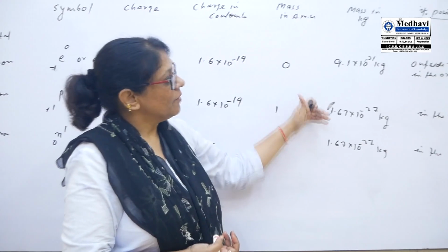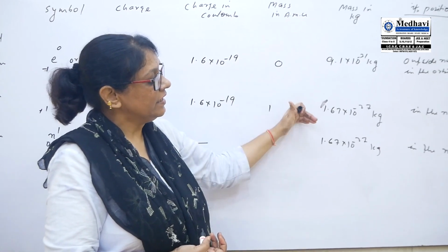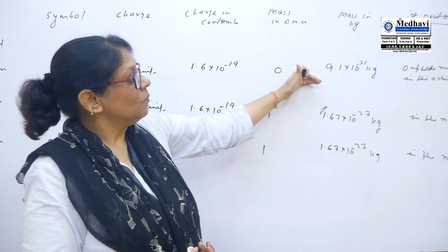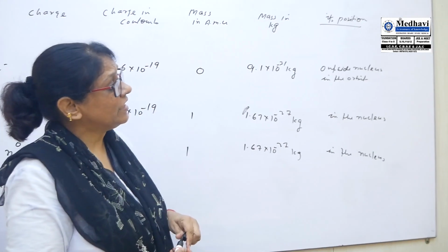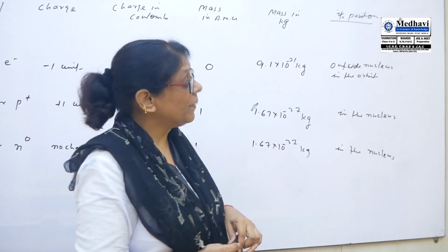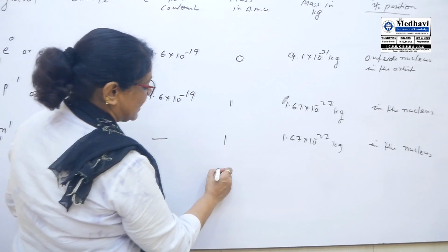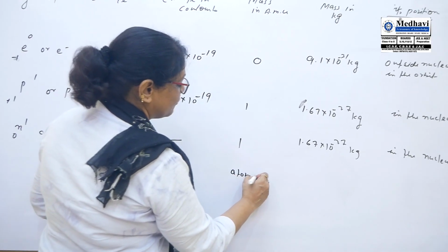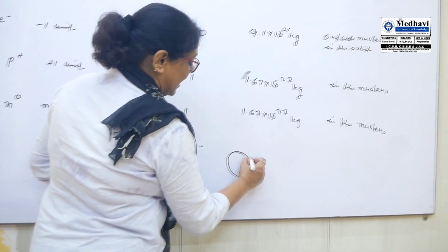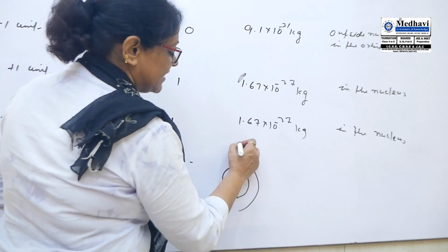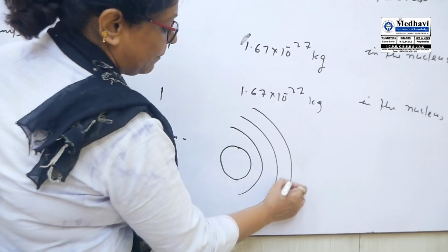The mass of electron and proton are different because electron is lighter than proton, and the position is very, very important. If we compare the fundamental particles, an atom has two parts. First part is its nucleus. Outside the nucleus there is an imaginary circular part.